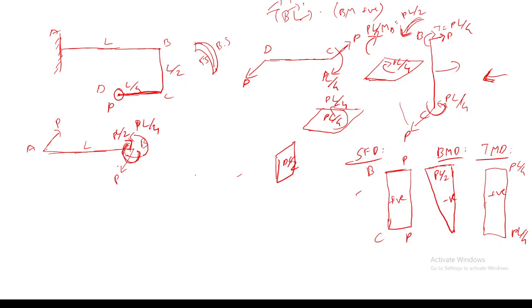See this at A. Due to this force P, this will generate P into L. So due to this I have to have a reaction M equals P into L, whereas due to this bending couple P into L by 4, which is towards this direction, I have to have a reaction like this, PL by 4.